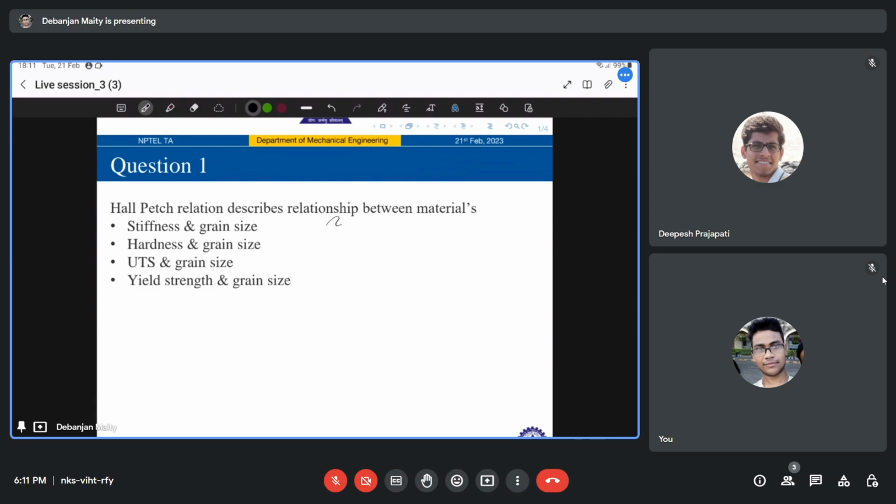So strengthening mechanisms are somehow based on this ability of dislocations to move, right?